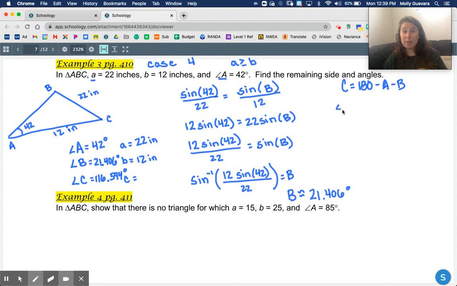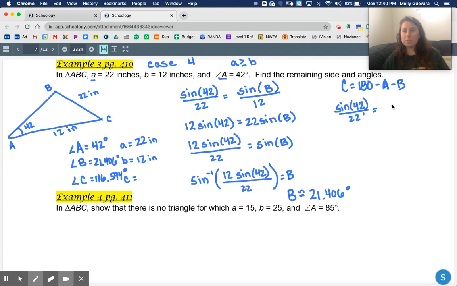So I'm using my law of sines again. Sine of 42 over 22. You can use 21.406 and 12, but one, it's not exact. And two, what if you calculated it wrong in the first place? Then you're going to just be calculating it wrong again.